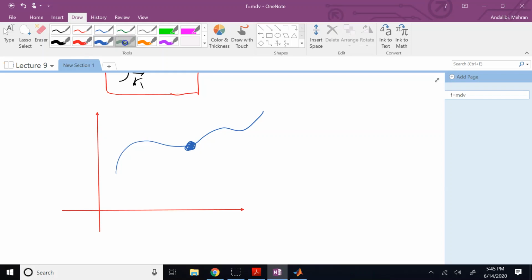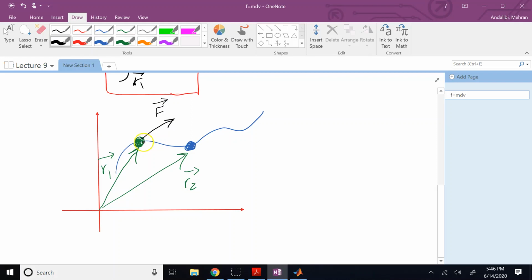So if I move from here to here, and this is position R1, and this is position R2, and along this path I have some force F that is acting on this particle along the path.